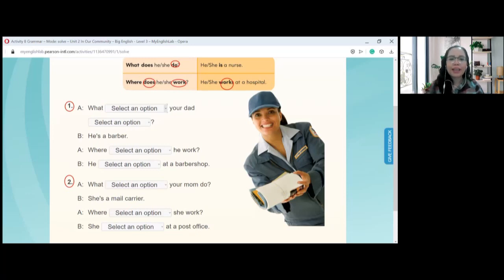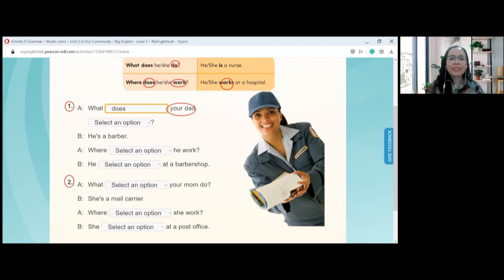Okay, let's open it. Do or does. Since the subject used here is your dad, that is a countable noun, yeah? So this is not in plural, but this is in singular form. Since it is a singular form, your dad, so Miss Hilda will choose does. What does your dad?